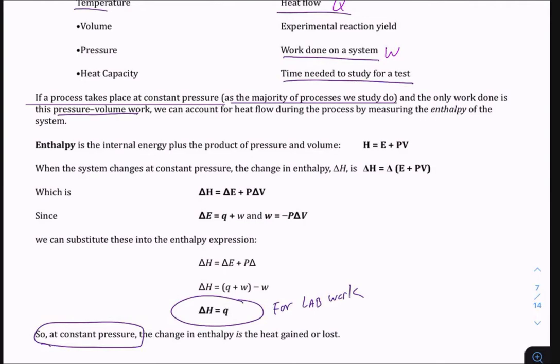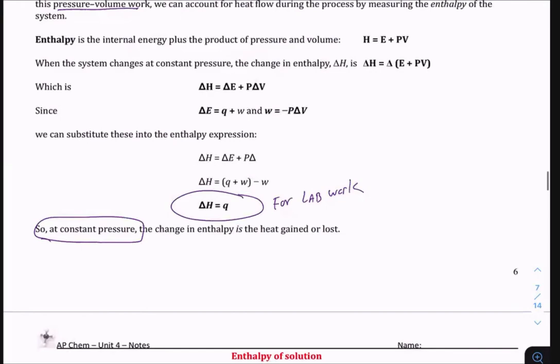And some reactions will need to be carried out that way, but nothing that we do, right? That's more like higher end stuff, graduate level college work. All right, all of that was meant to just simplify this statement right here. Okay, that means we can equate the change in enthalpy with heat flow. That's kind of the point.